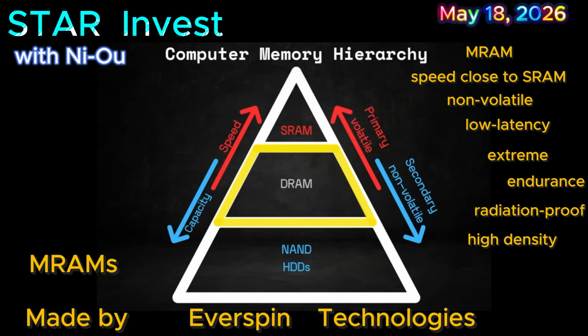MRAM versus SRAM versus DRAM offer different balance of speed, volatility, and density.